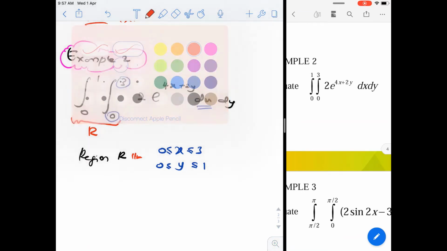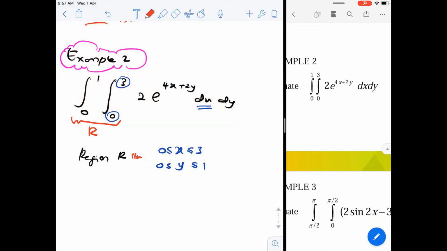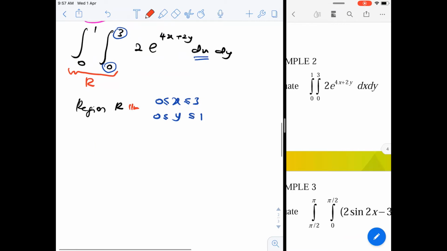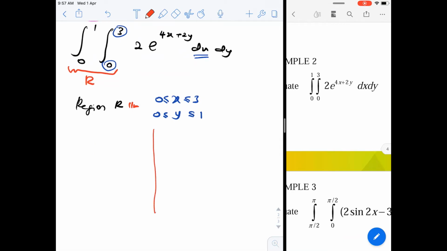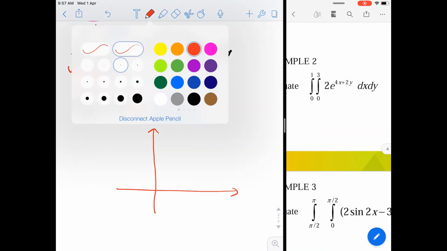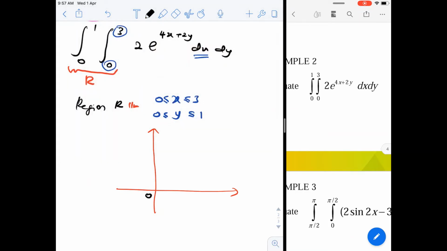So if we sketch the region, the rectangular region, we will have something that looks like this. Everything is positive. x equals 0 here, and x equals 3 here, and then y equals 0, y equals 1.